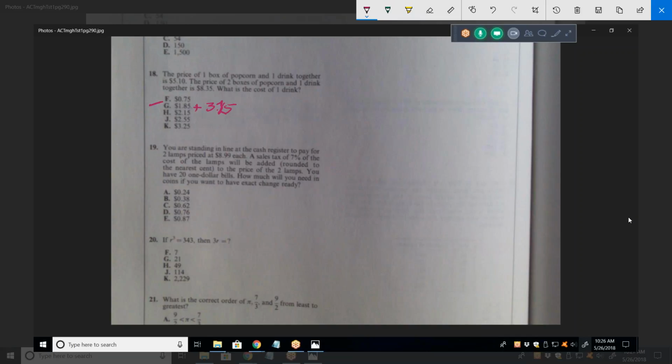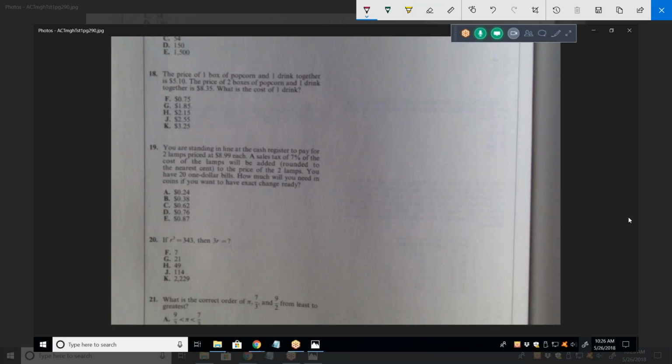So if the cost of one drink is $1.85, then the cost of one box of popcorn would have to be $3.25, right? That's the only way they could be worth $5.10. Now let's see if that fits for the second equation. The cost of two boxes of popcorn is going to be $6.50 plus the cost of one drink, and that gives us $8.35. Bingo, we picked it correct on the first attempt.